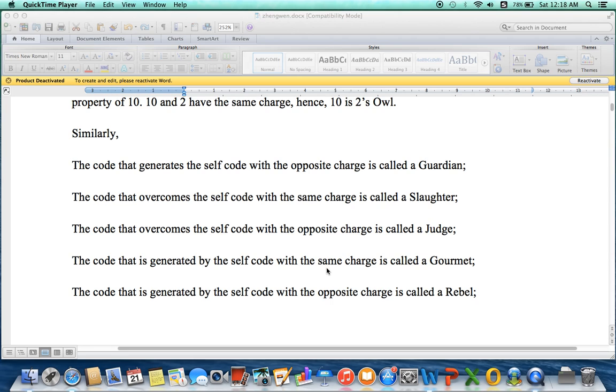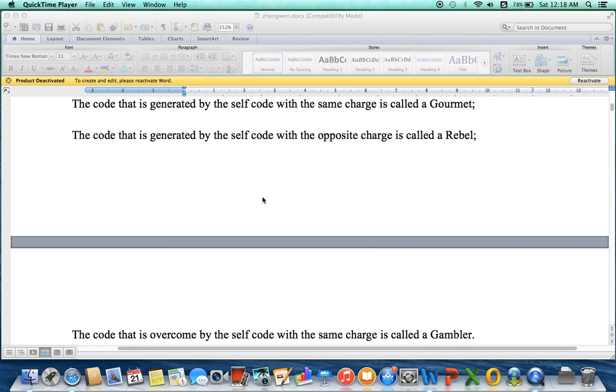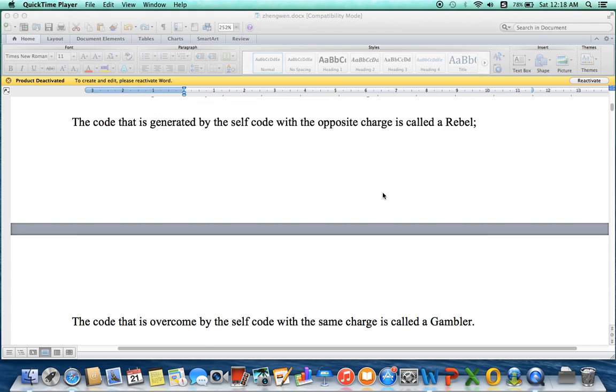Wood generates fire with the opposite charge, and the fire is the wood's ripple. For example, if the wood is negative 2, and the fire is positive, which is 3, that means if 2 meets 3, 3 is 2's ripple.